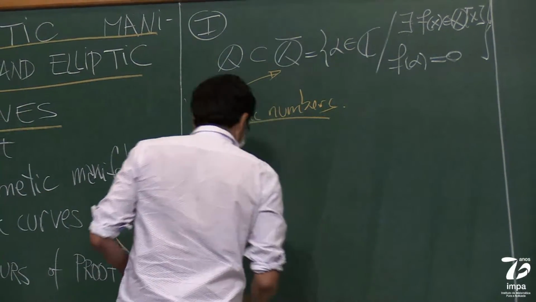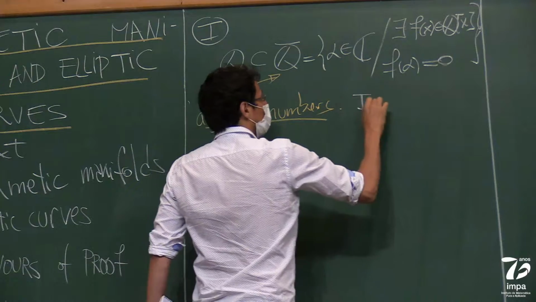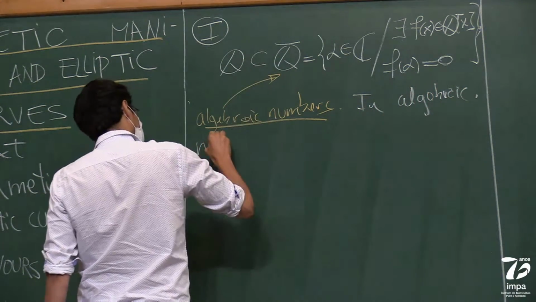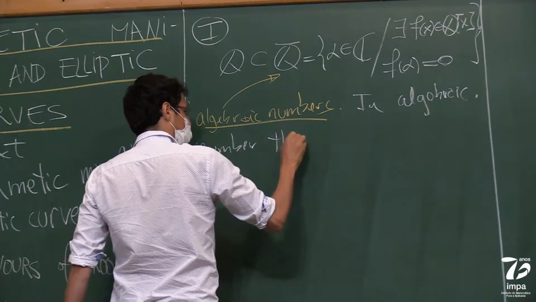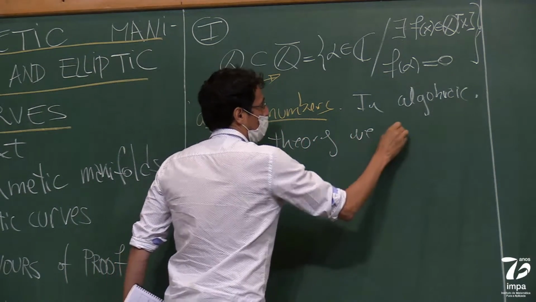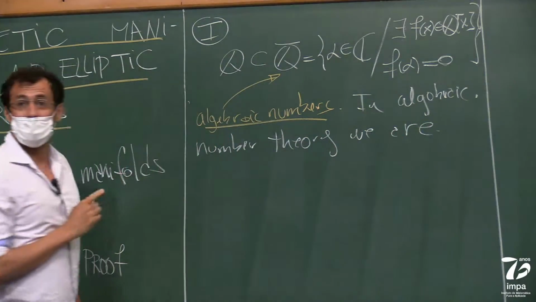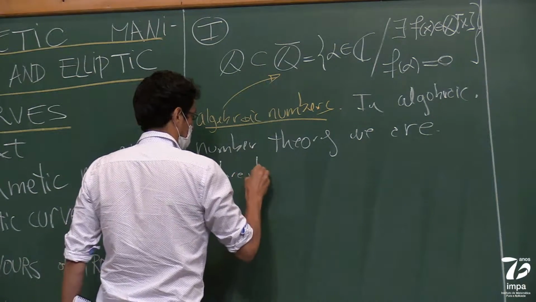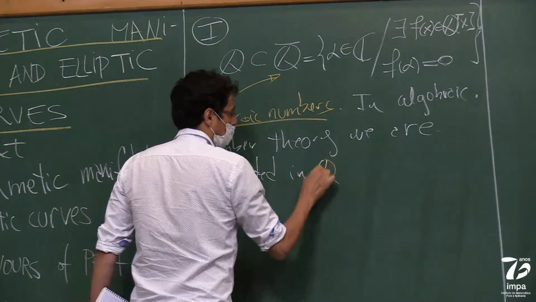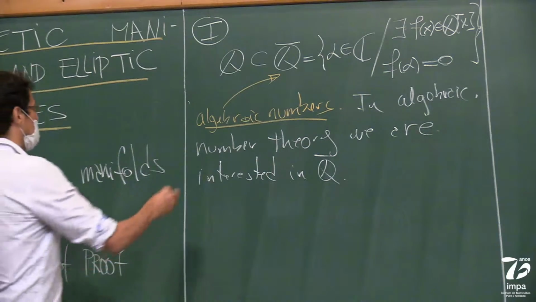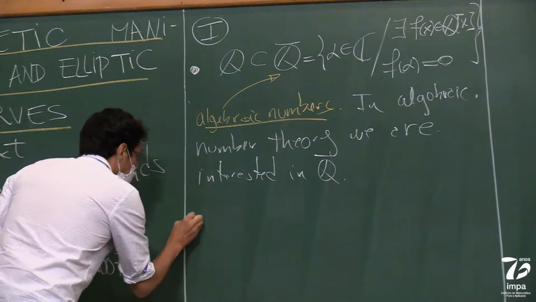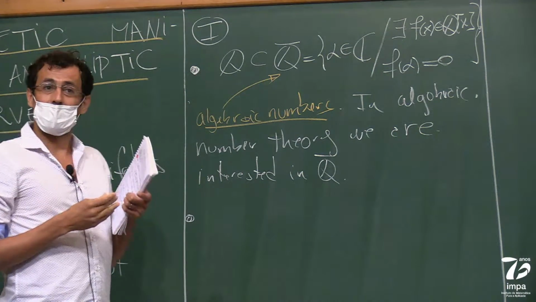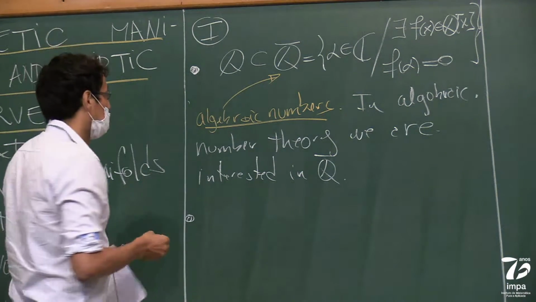In algebraic number theory we are interested in studying this field, trying to understand it. Trying to understand it directly is a little bit involved, so you try to understand some symmetries of this field.